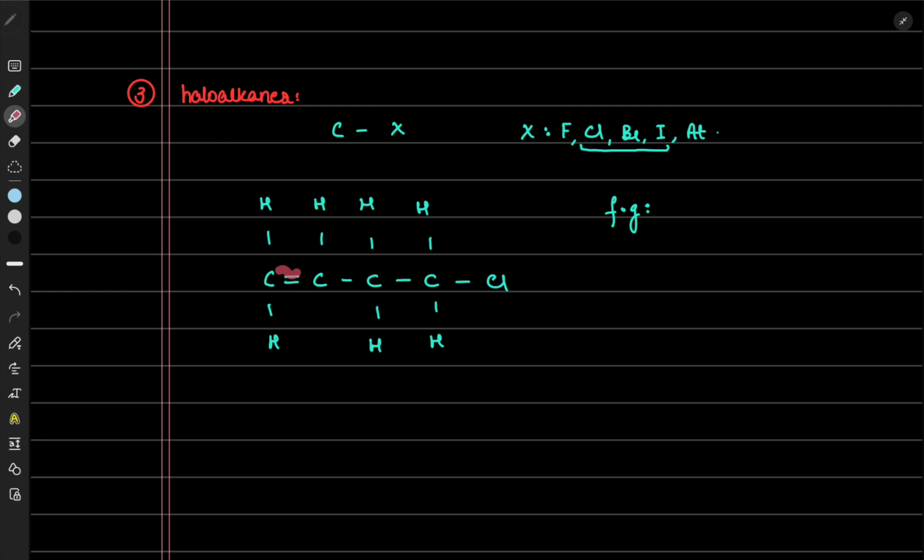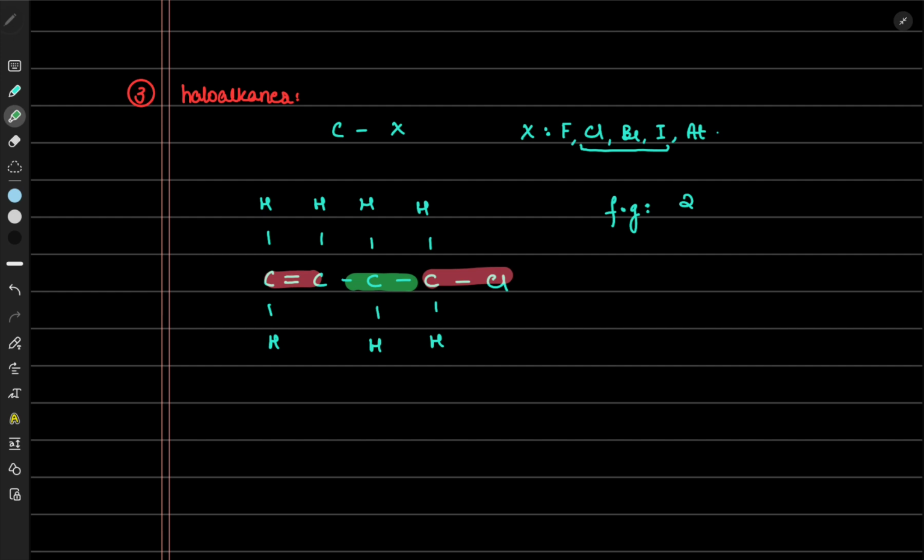So let's notice this is one functional group, carbon carbon double bond, and this is another functional group. So there are two functional groups. But you also need to notice that it has carbon carbon single bonds as well, right? So this is a carbon carbon single bond as well.